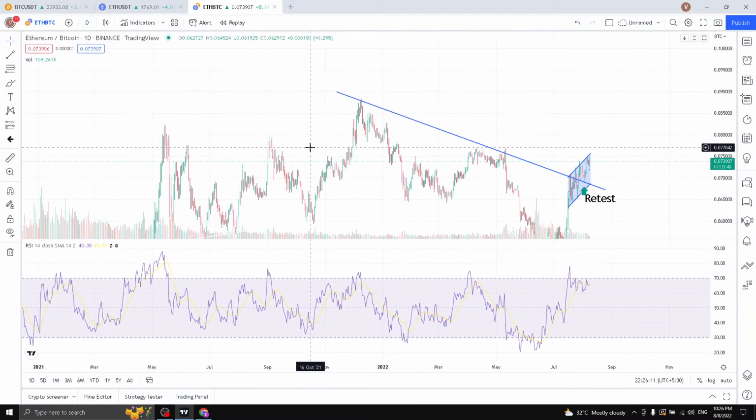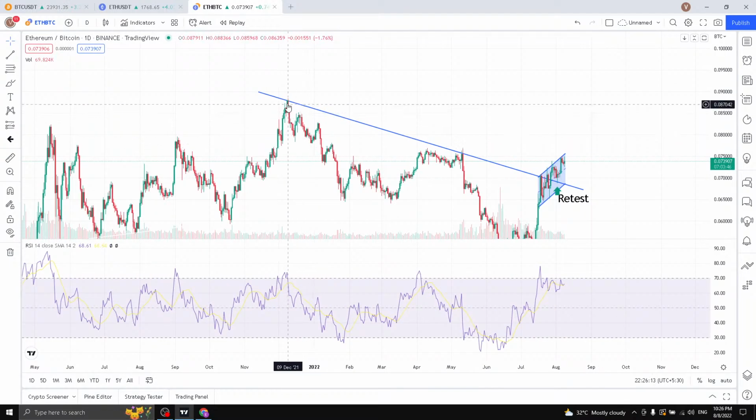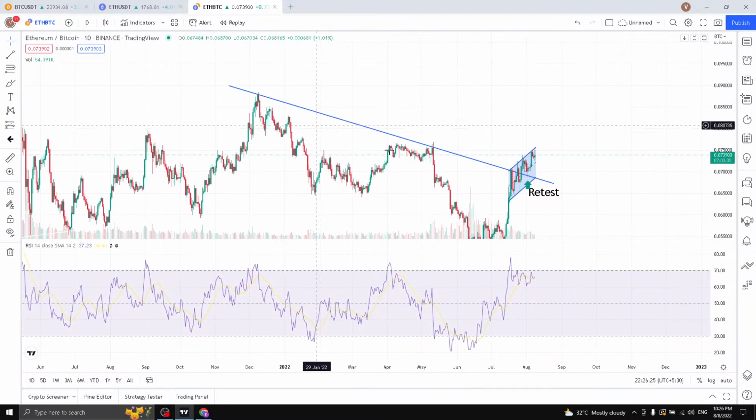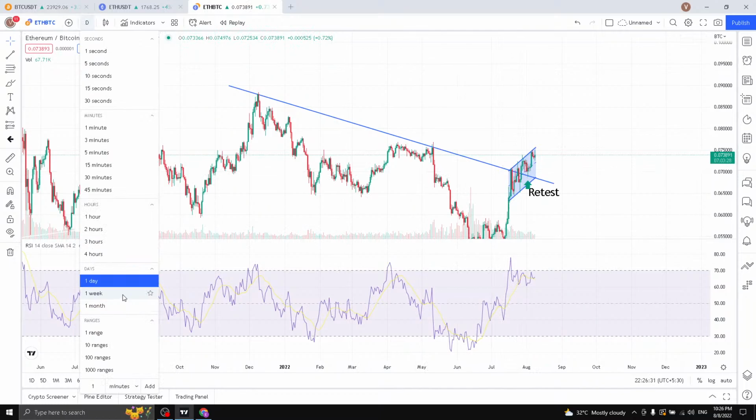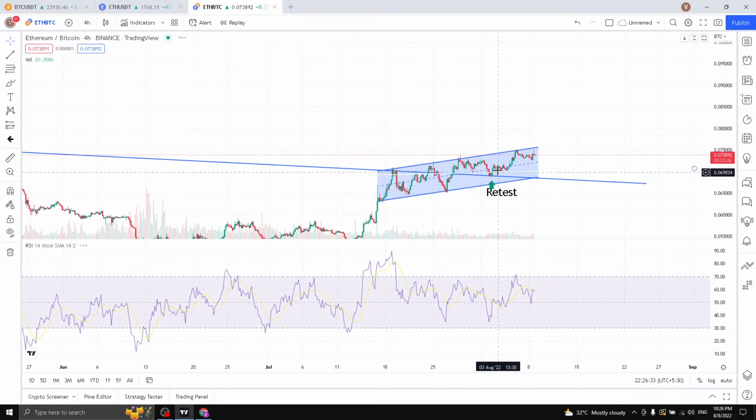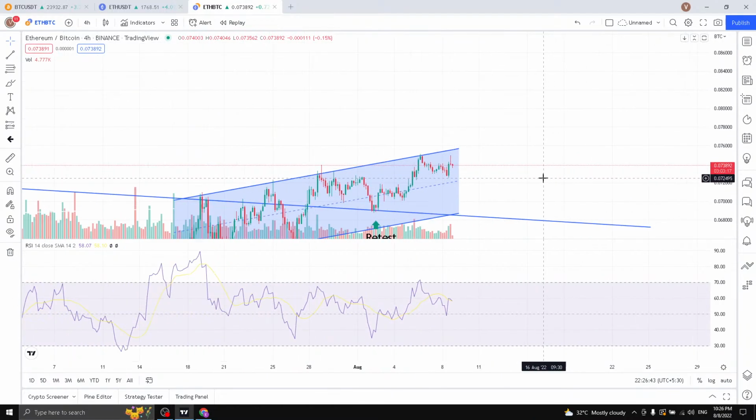As I explained in the Telegram group, Ethereum against Bitcoin has not broken this resistance for almost 7-8 months now. This has been a very strong resistance for Ethereum to break against Bitcoin, but we see it finally break through and retest. I'll show it on the 4-hour chart. Yeah, so we see it break out here, and obviously it went up, it formed a parallel channel, and now it retested. Now it's just ranging within the parallel channel.